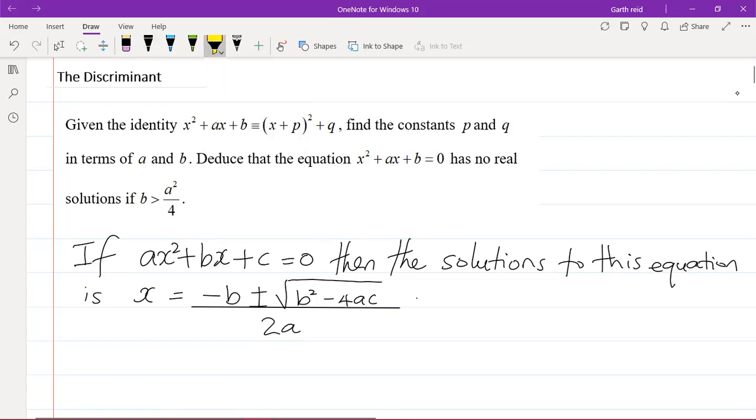Now the expression underneath the root, b squared minus 4ac, is what we call the discriminant.